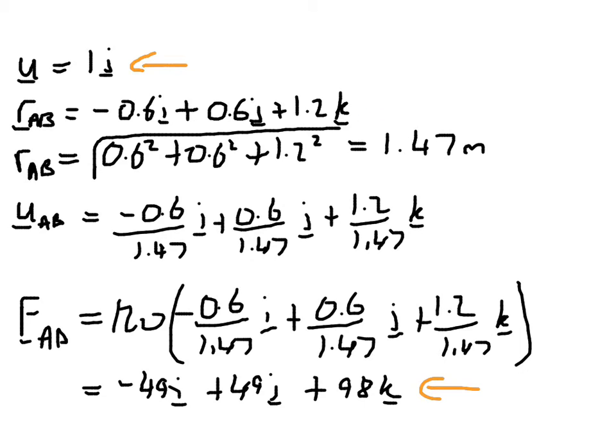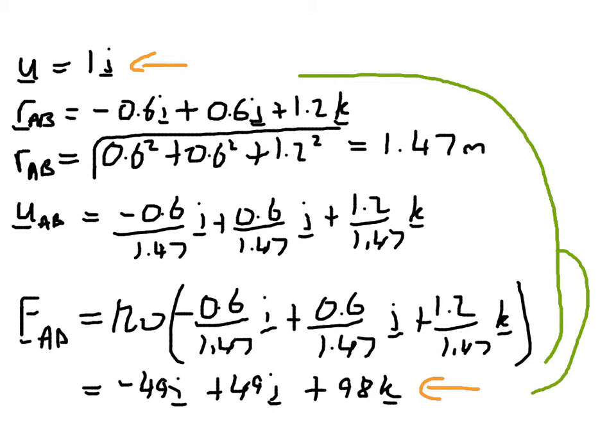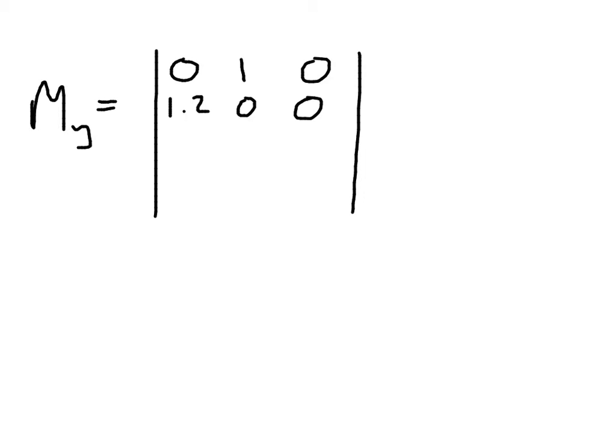The only reason that you do any of this all leads you to that, so that only gives you the third line of the matrix. So if we transfer that in, minus 49, 49, 98.